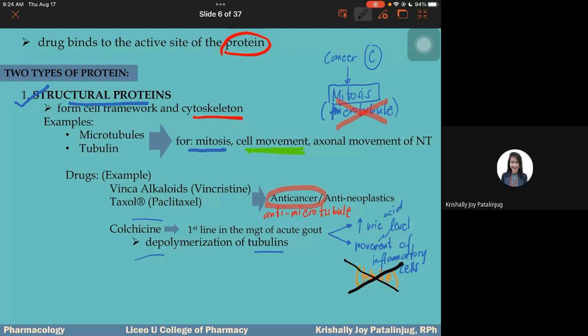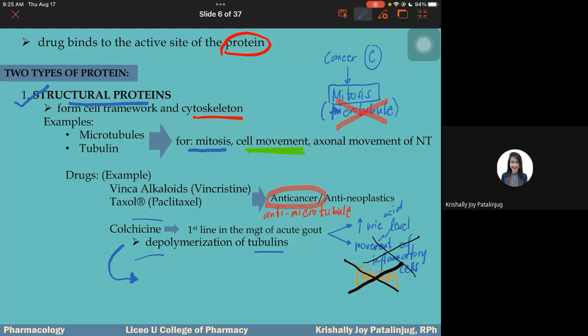So it will prevent the movement of inflammatory cells. So that's the action of colchicine. It has nothing to do with the uric acid level. And I have mentioned that, right? That colchicine has no action towards lowering uric acid.